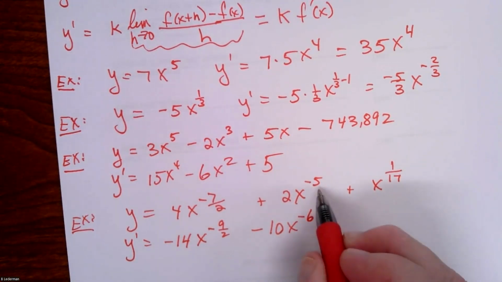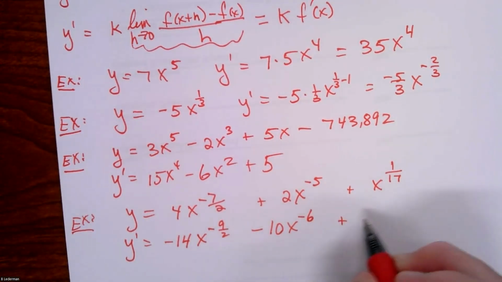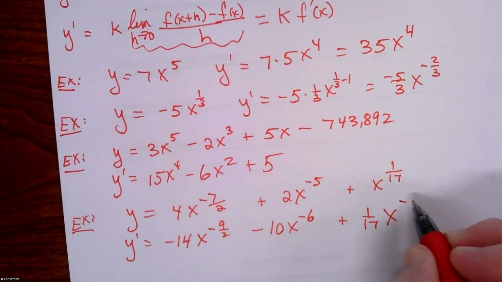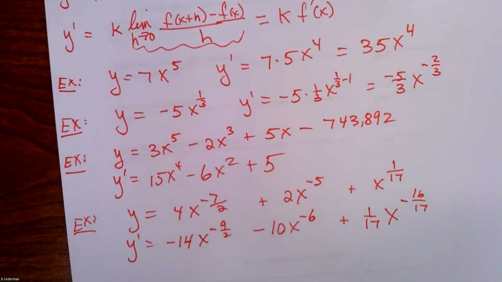Not negative 4, but negative 6, because these are negatives, they get bigger. And finally, this one over here is going to be 1/17 x to the negative 16/17. I think it's 16/17. That is the truth.